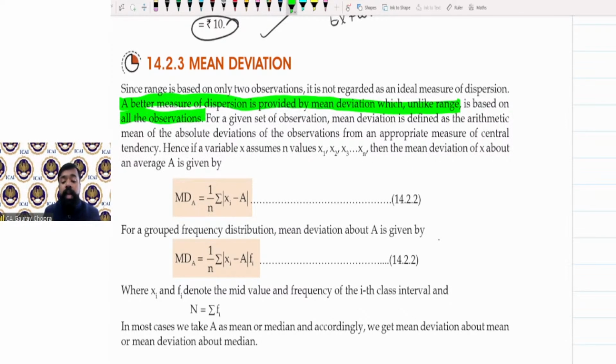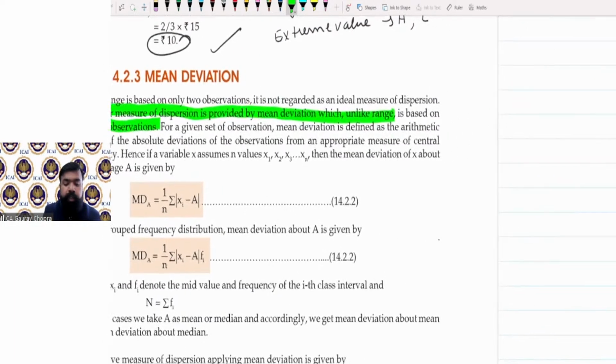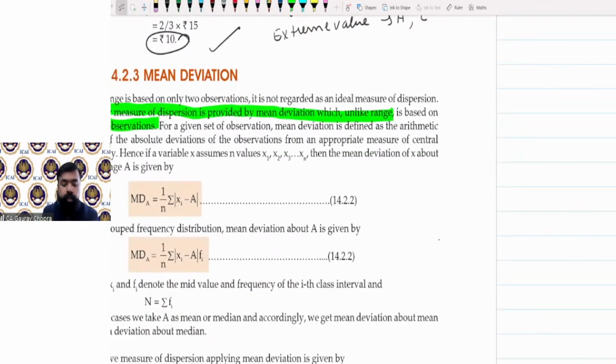Now for calculation of mean deviation, what is the formula? The formula is very easy. We can write here: formula for mean deviation.